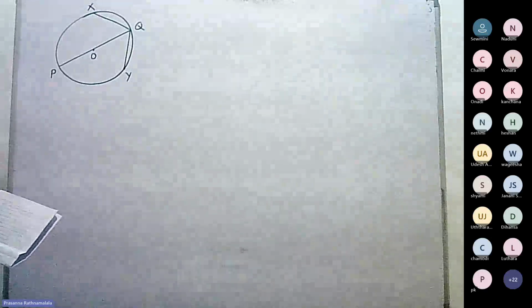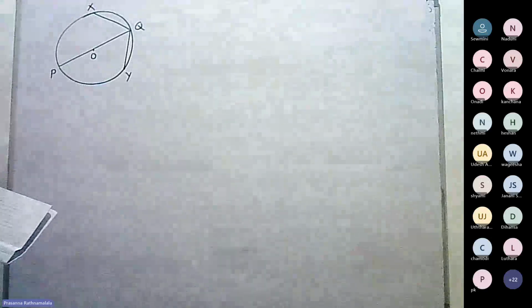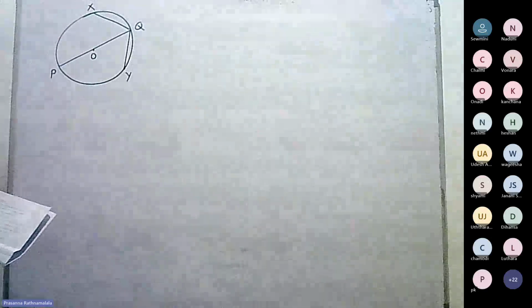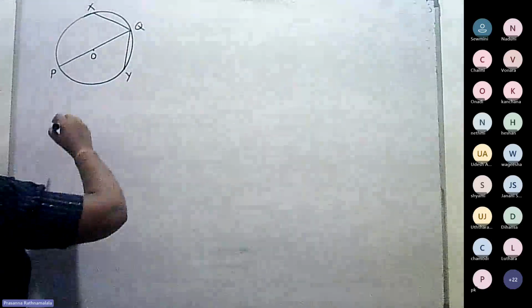The tangent drawn to the circle at Q intersects the produced PX and PY at L and M respectively.